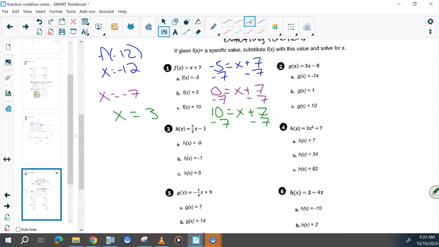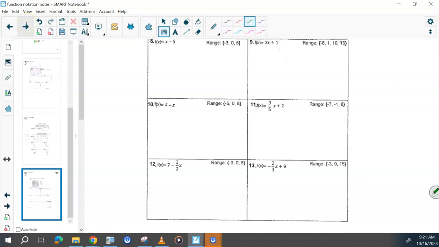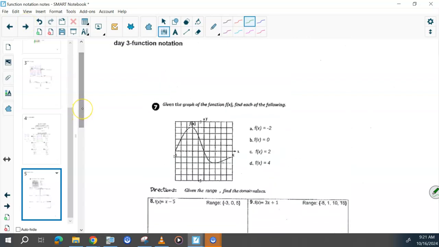Looking at numbers 2 through 6, are there any of those we want to see go over before we go to the next part? If not, go on. So the graph is the same, but now we have y values. We're looking for x values. I'll outline our x and y axes again.